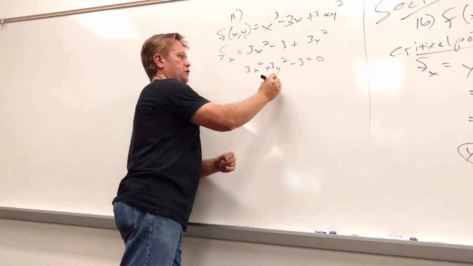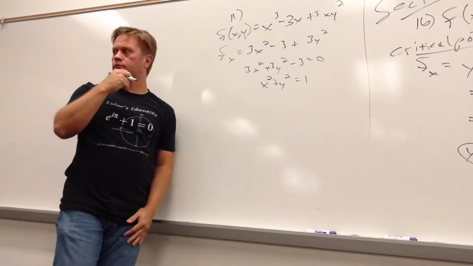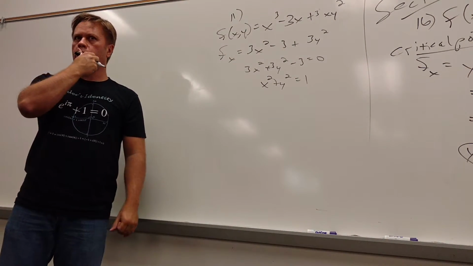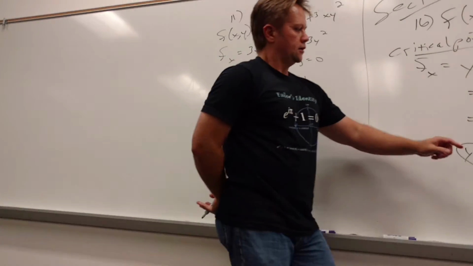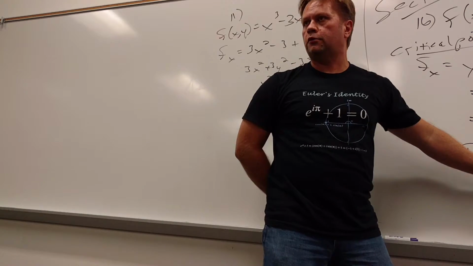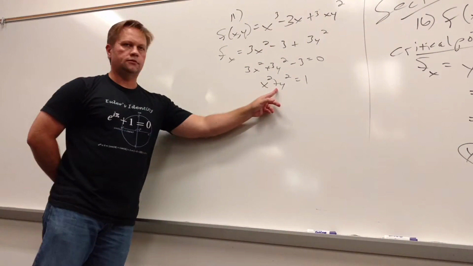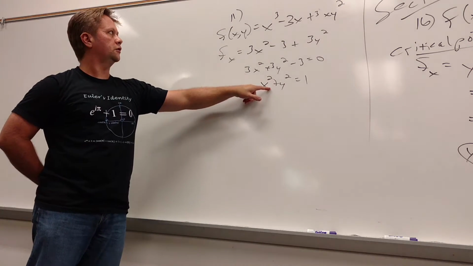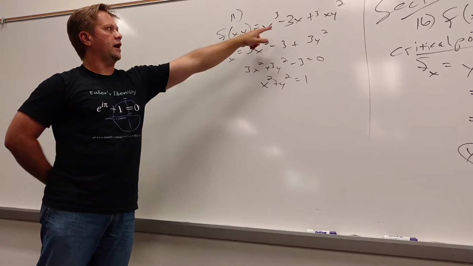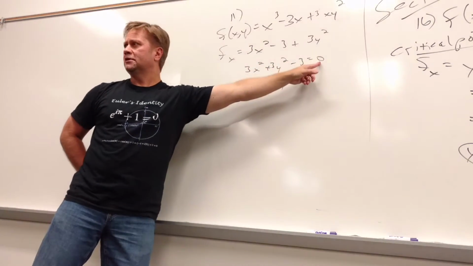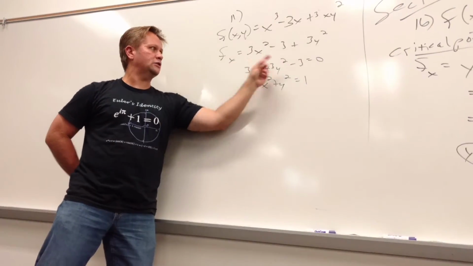When x squared plus y squared equals 1, do you see that? So it's every point on that circle. Sometimes I'll get points or coordinates, components of a point, and sometimes I'll get expressions, relationships. Every point on this circle is where the x derivative is 0.